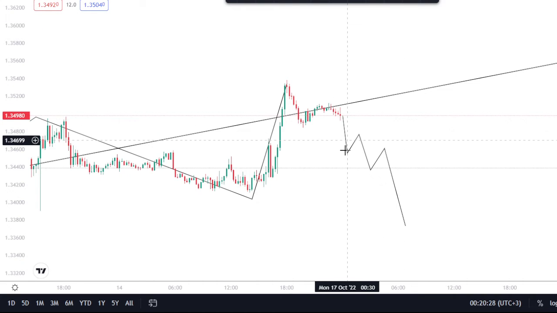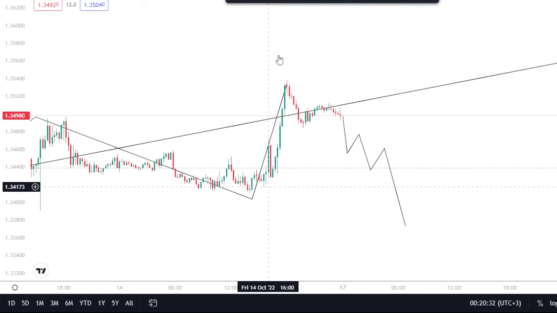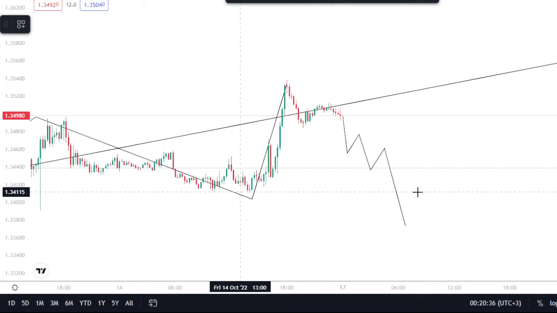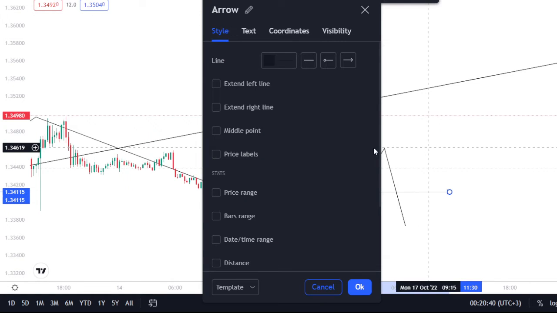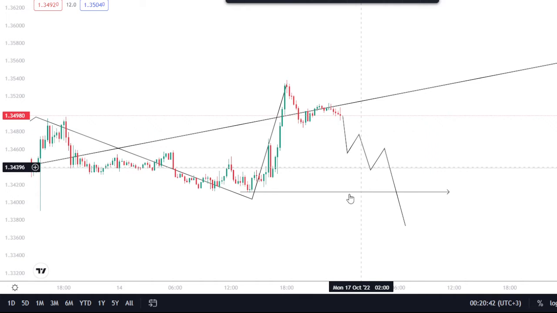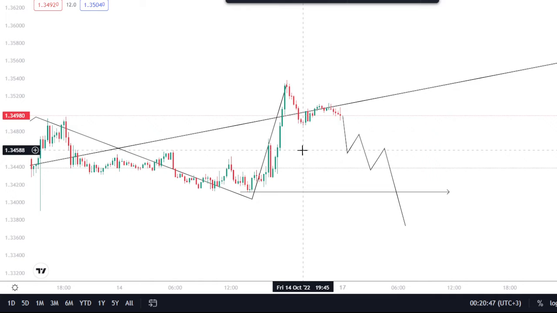It can even go down low to this point, maybe breaking even this, it can even come and break this last low. You see, the market can even come and break this last low. So that's why we use this concept of market structure to actually know where the market is.